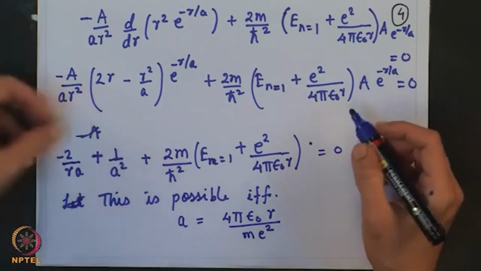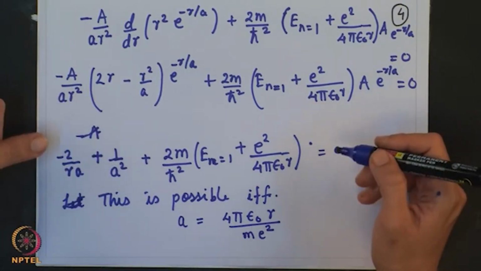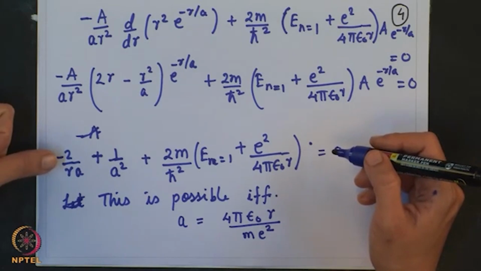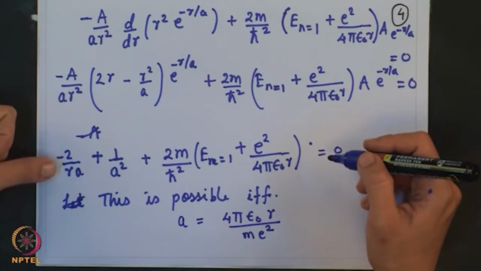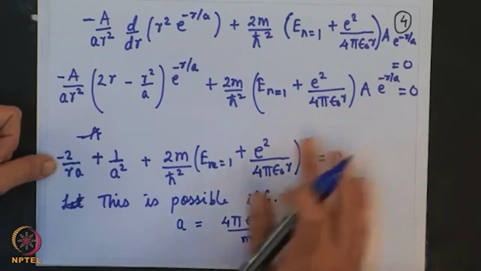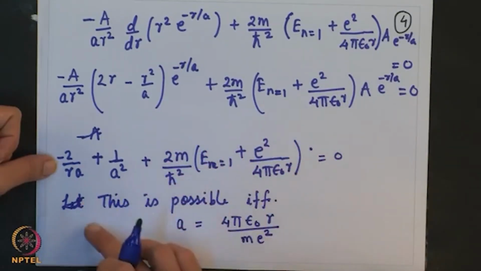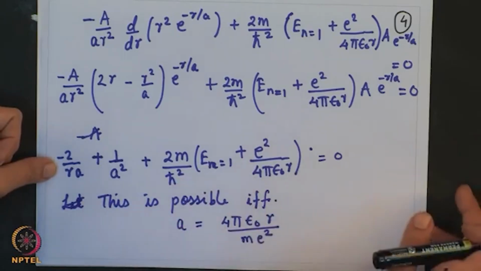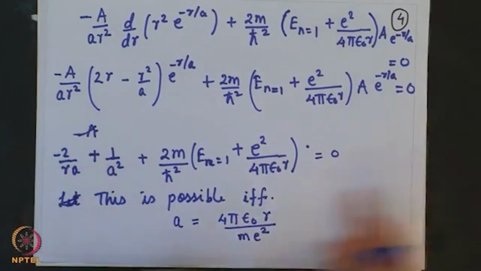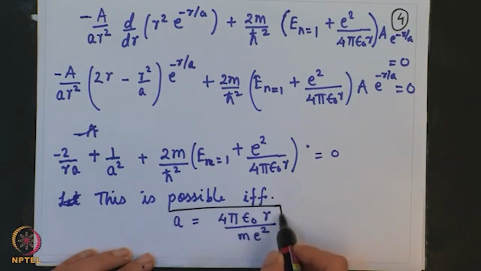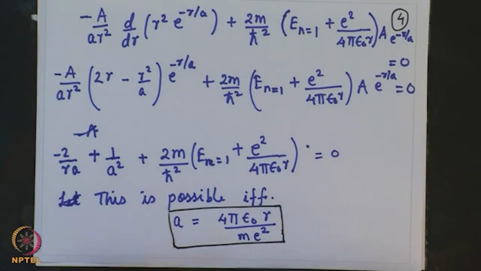So, what we have done here is that we have assumed that this quantity is nothing but 2 by r. This entire quantity is nothing but 2 by A. So, we have got a relation with respect to A in terms of E naught.